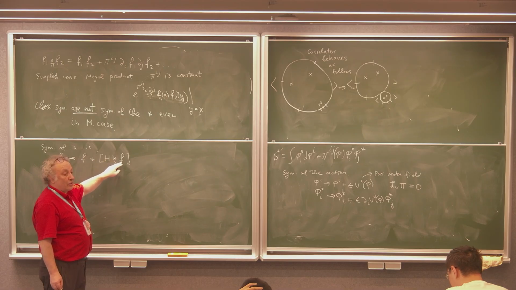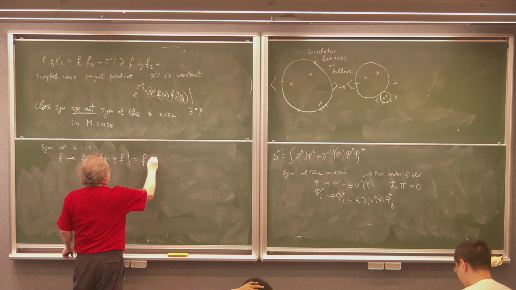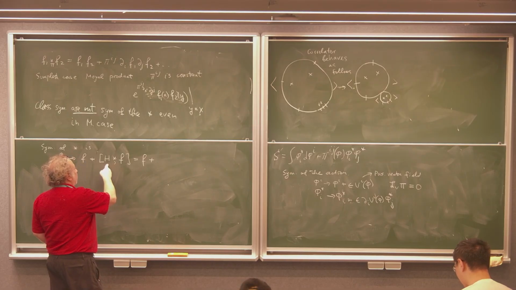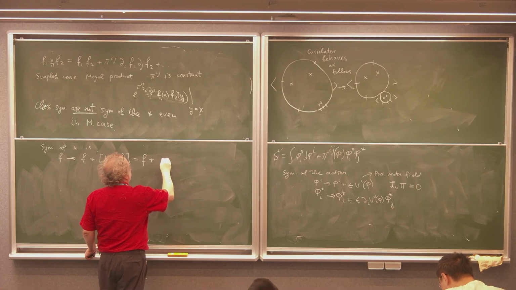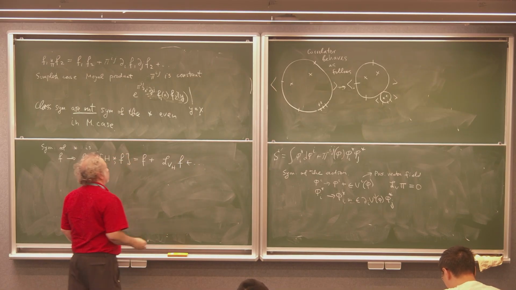The star commutator with H actually goes as F plus, you may compute it to get L_{V_H} F plus tiny pairs.